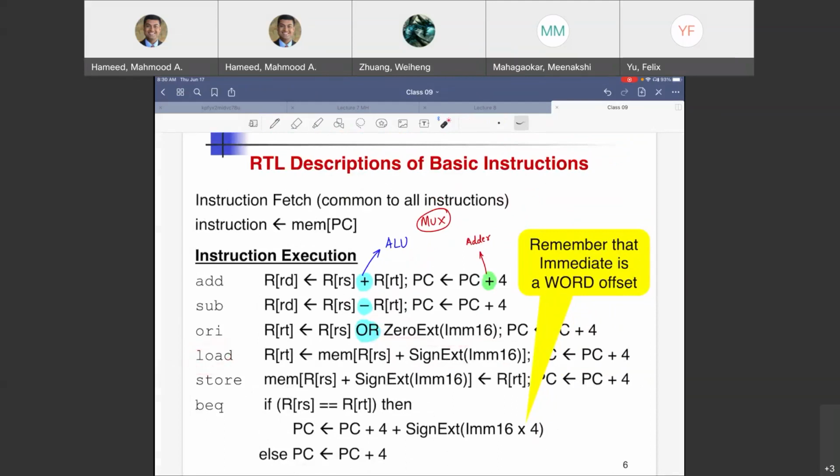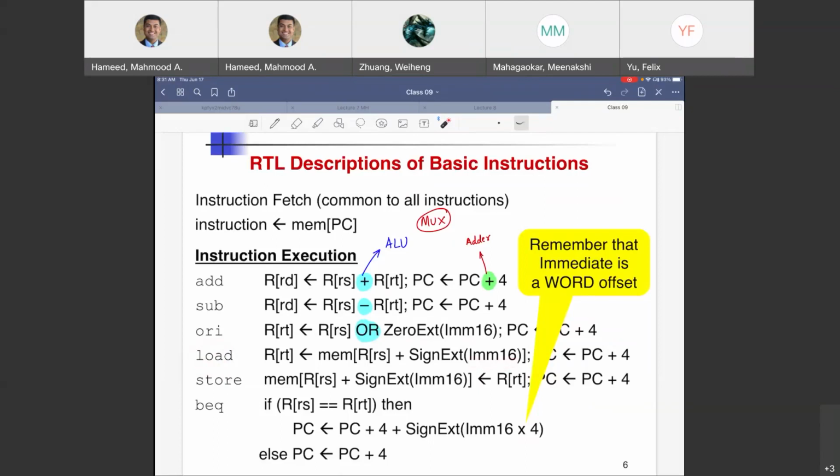Next, when you go to the load instruction, load is to do what? Load is take contents of memory, load them into a register. Now, when you're loading, you are talking about two things, a base address and an offset address. The base address is in a register, a 32-bit register, so fine, that's there. But the offset is part of the instruction, right? The offset address that goes in the load is part of the instruction.